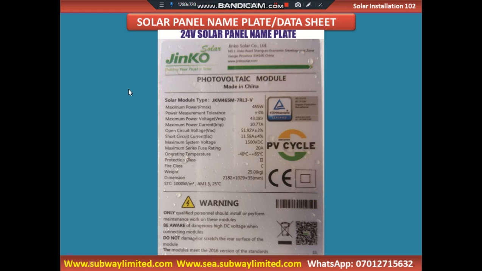That means, as a professional, you should be able to differentiate between a 12 volt solar panel and a 24 volt solar panel, because a 12 volt solar panel, as we already said, is used to configure a 12 volt system, and a 24 volt solar panel is used to configure a 24 volt system.